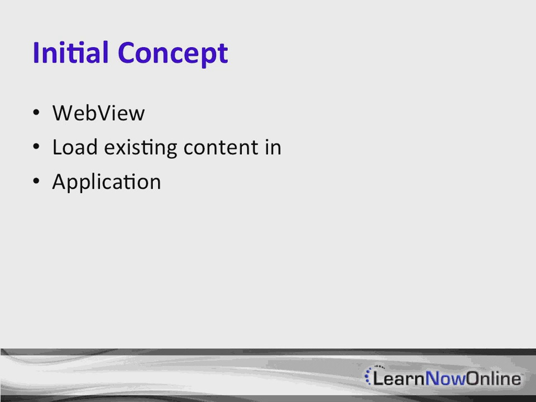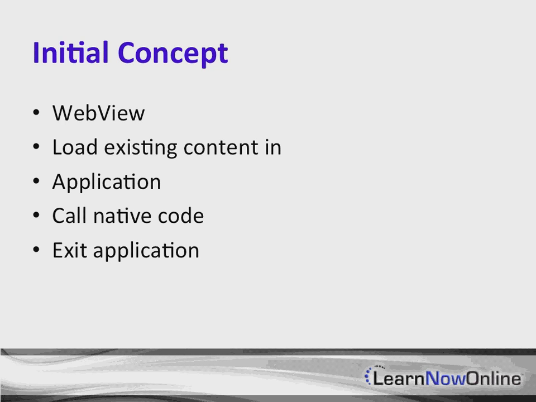But you can use all your existing knowledge, and I think that's a really, really important point. You'll be able to also call out to native code as necessary within your application. And then once everything's done, you can literally go and exit the application. So that's kind of the high-level concept.